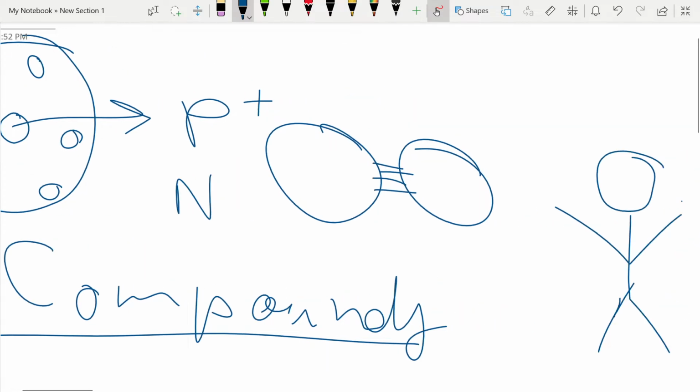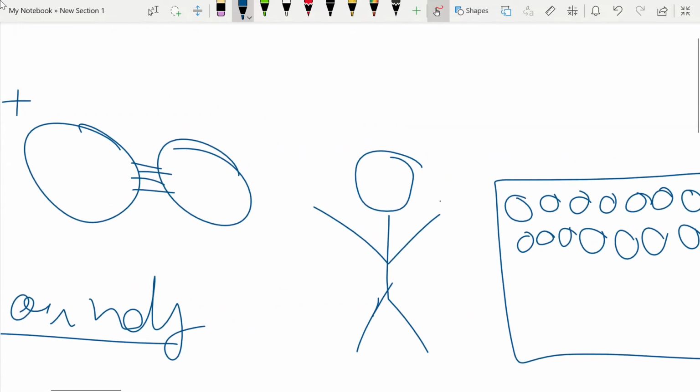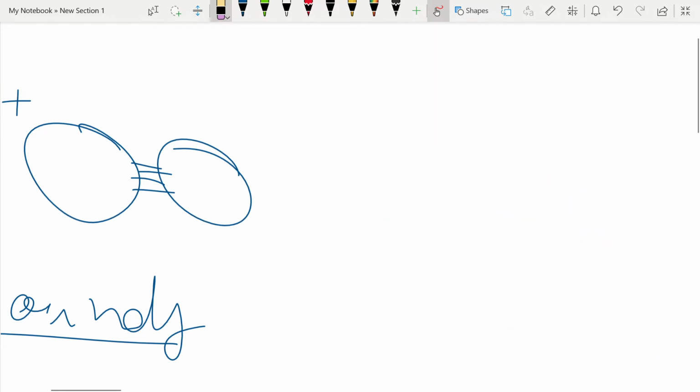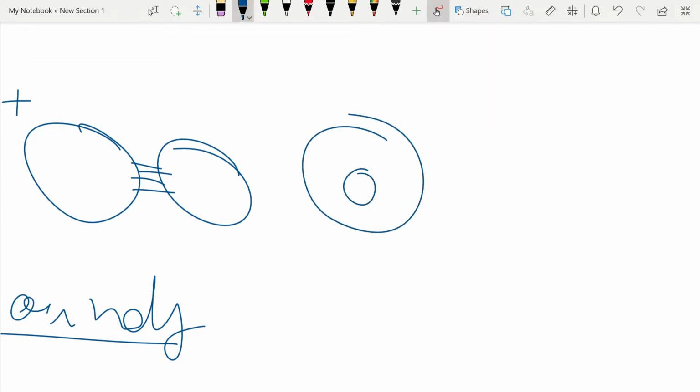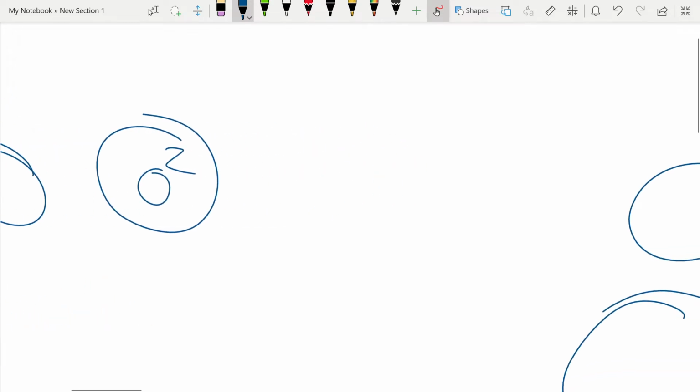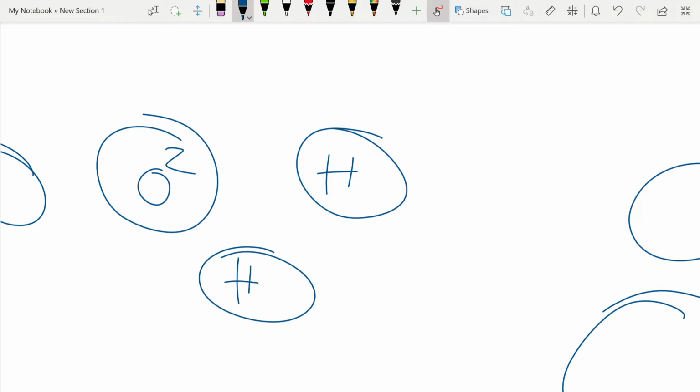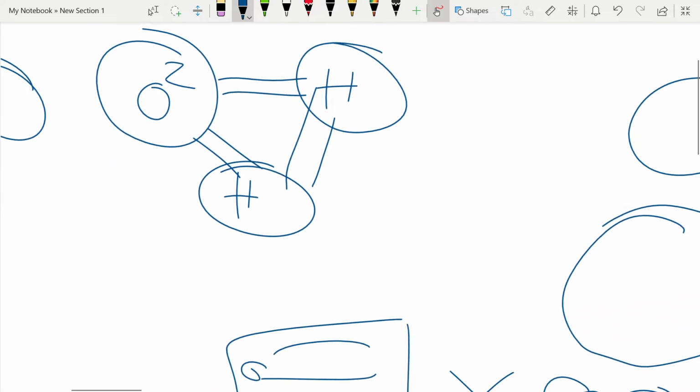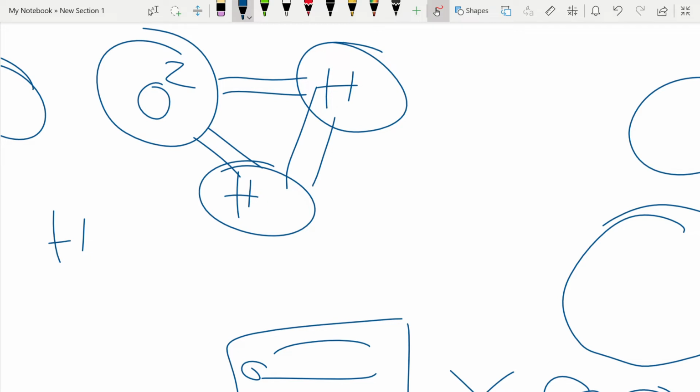For example, if I rub this out, this is from the previous video. So for example, if you have oxygen, O2, and hydrogen, and hydrogen, then they bond to each other to form water, because H2O is how we can write water.